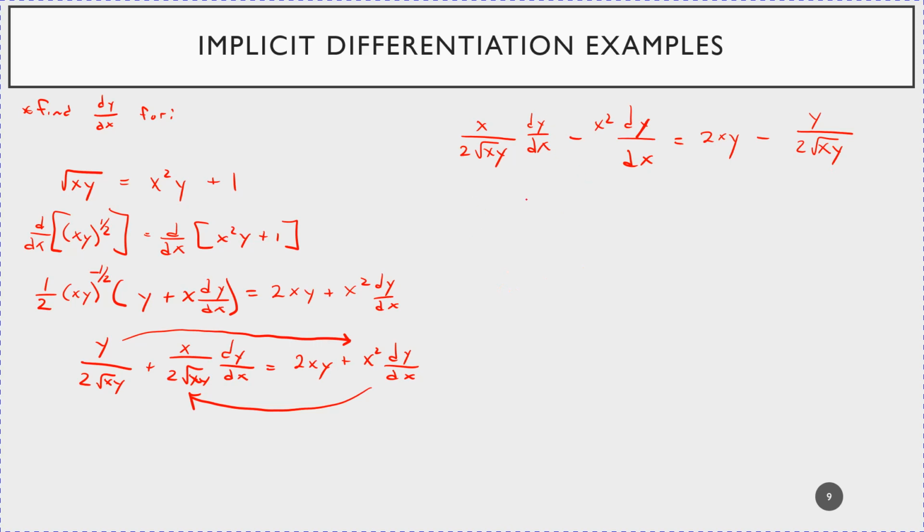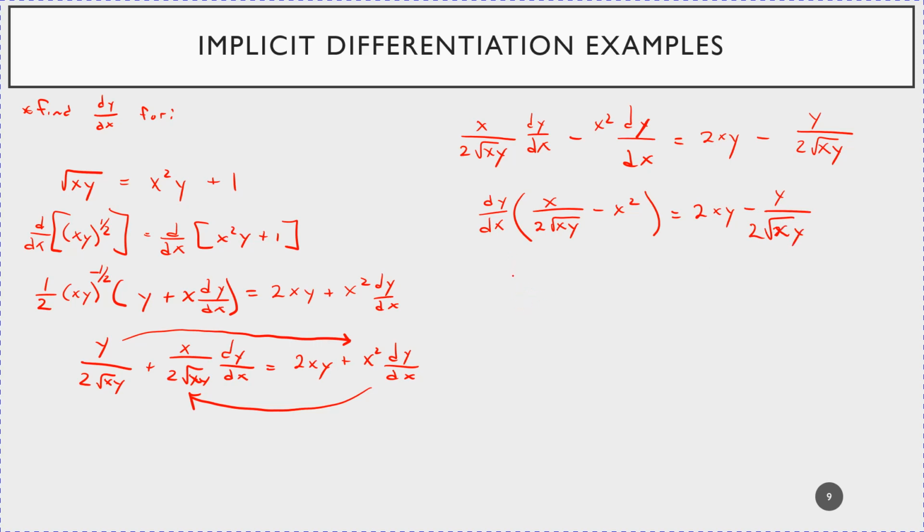So factor out the dy/dx. So dy/dx times (x over 2 square roots of xy minus x squared) is equal to 2xy minus y over 2 square roots of xy. So a lot going on here.